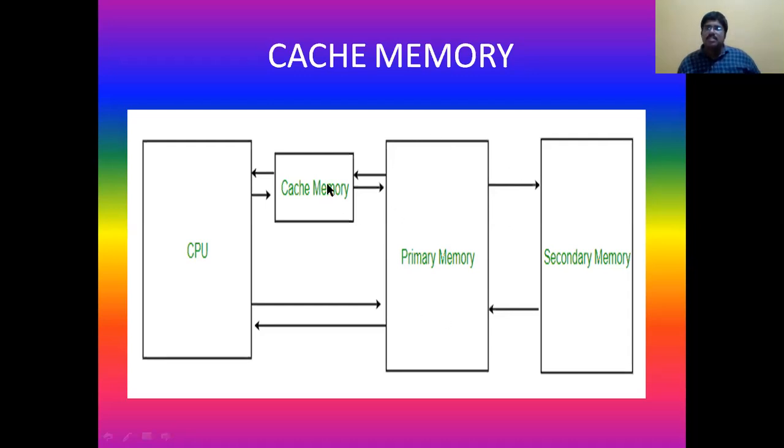First of all, it will search in the cache memory. If it is present in the cache memory, then automatically the processor will take the data. The processor will go to the primary memory only if it is not present in the cache memory.